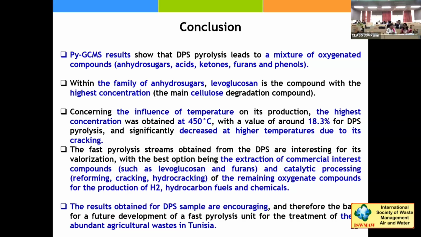So the results obtained for the date palm seed sample are encouraging, and therefore the basis for a future development of a fast pyrolysis unit for the treatment of this abundant agriculture waste in Tunisia.